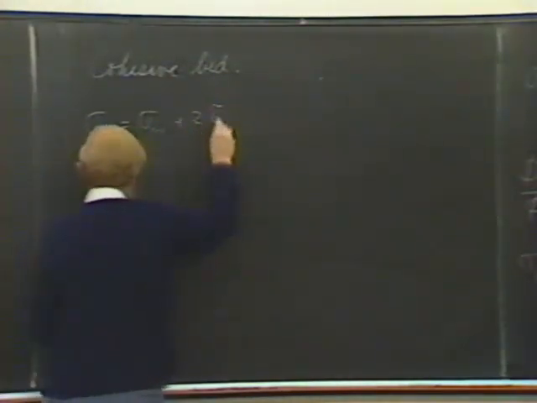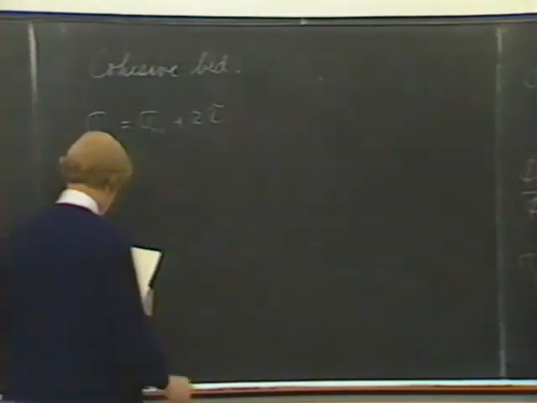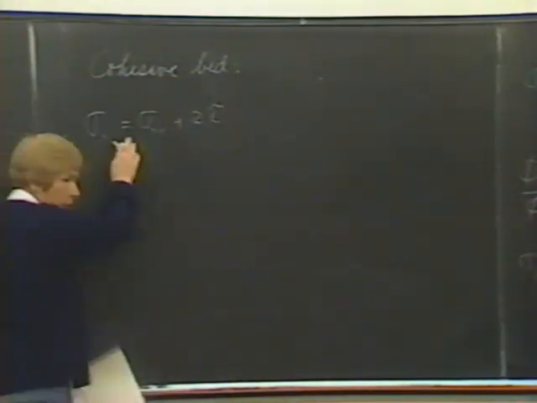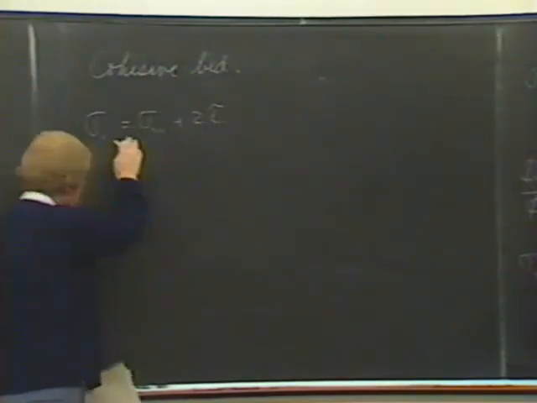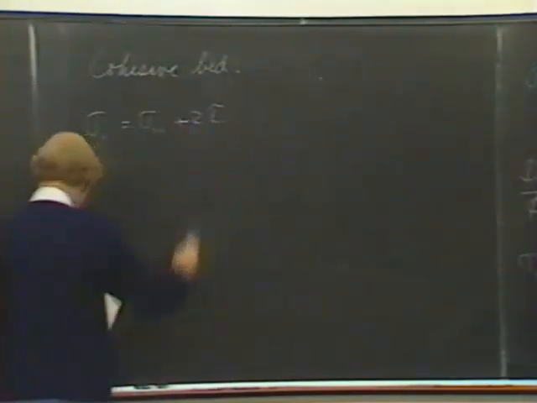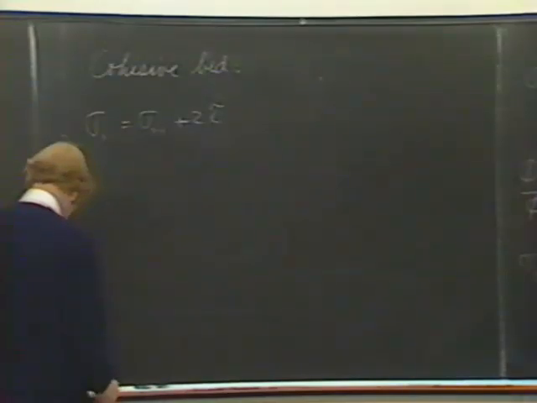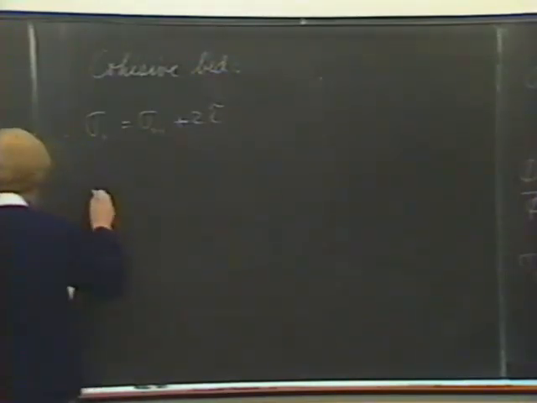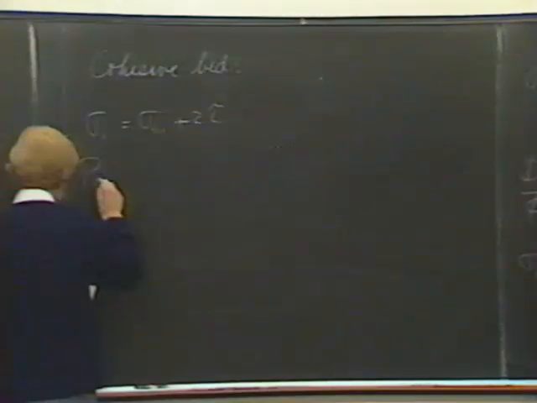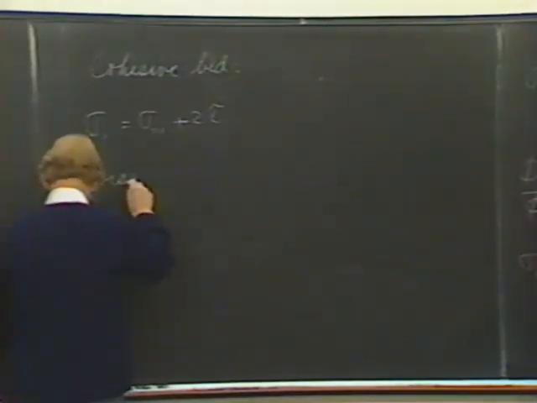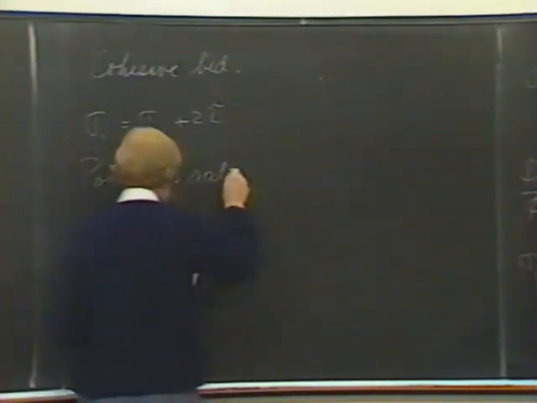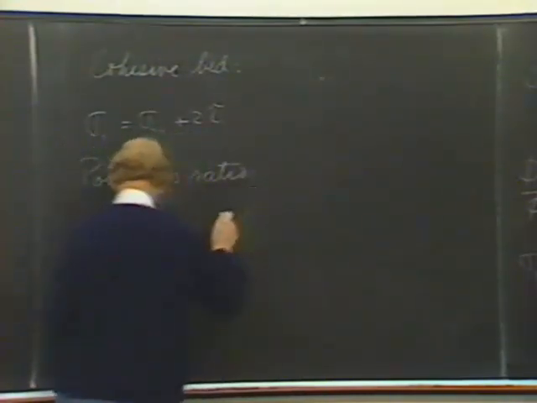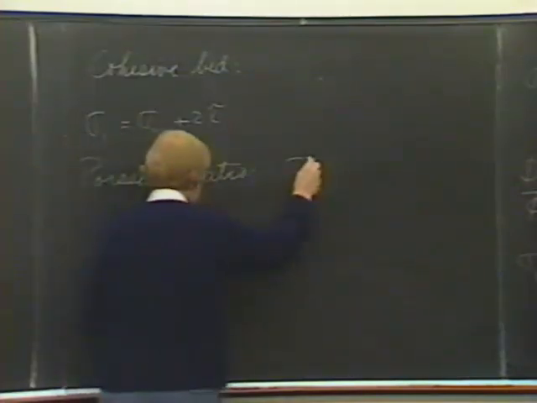You may remember that from your soil mechanics. And from Poisson's ratio, that leads to sigma 3 is equal to capital K sub S times sigma 1, where this is called the hydrostatic pressure ratio.